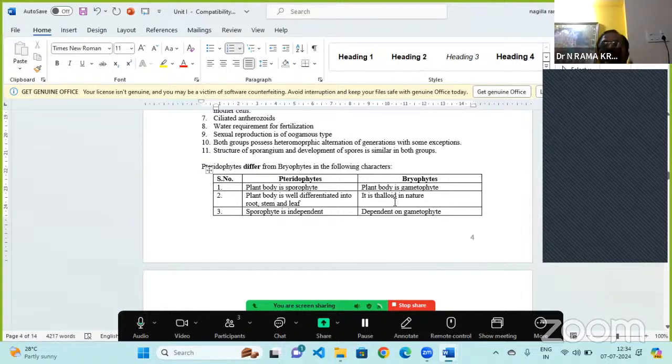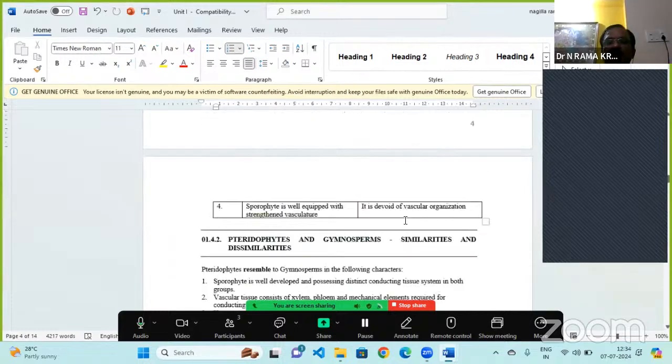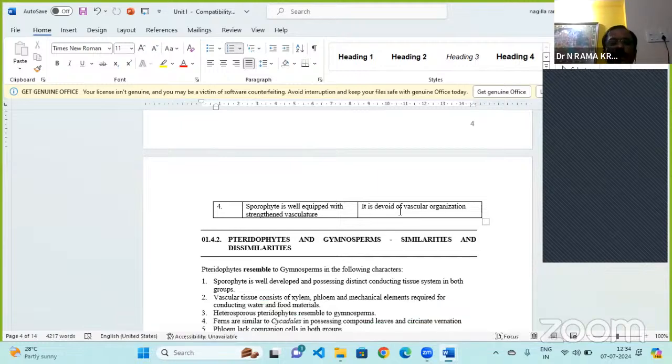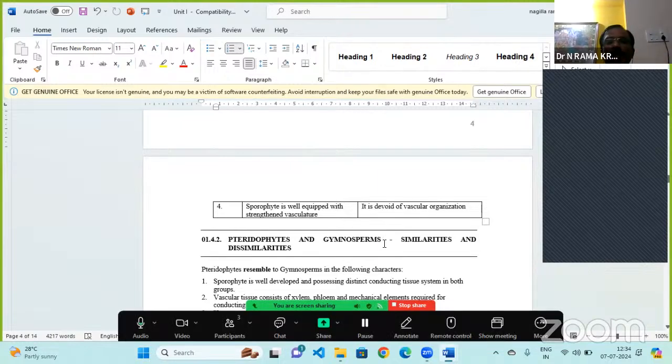Okay, these are the differentiating characters. The sporophyte is well equipped with a central vascular system in pteridophytic groups, but in bryophytes there is no vascular system. That's why this is a special group, the pteridophytes or vascular cryptogams.